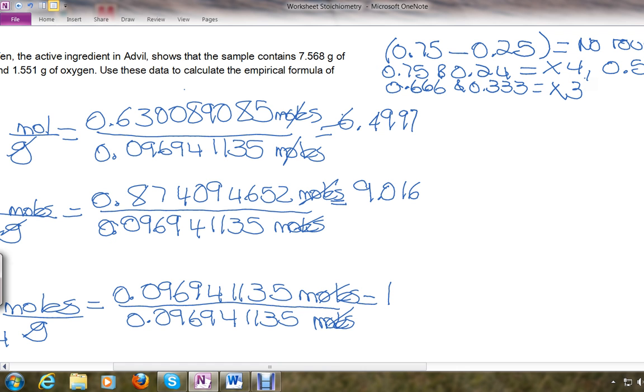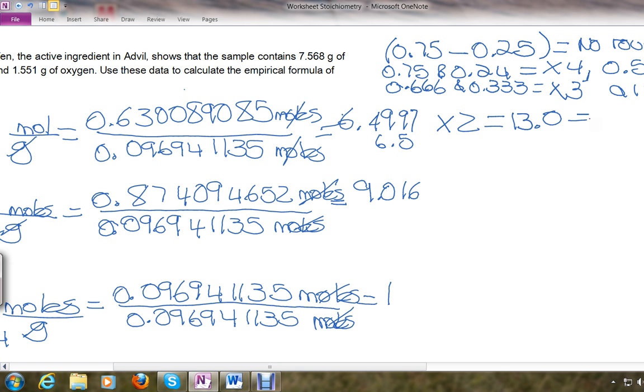Remember to multiply all of them, because if you multiply only one, again, you're changing the ratio. So this is 6.5. How can we eliminate the 6.5 here? Well, we multiply by 2, and that way we can get rid of that decimal. It would be 13.